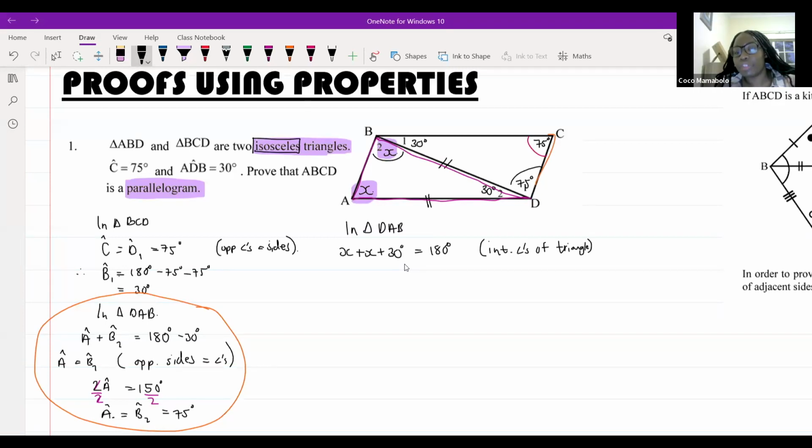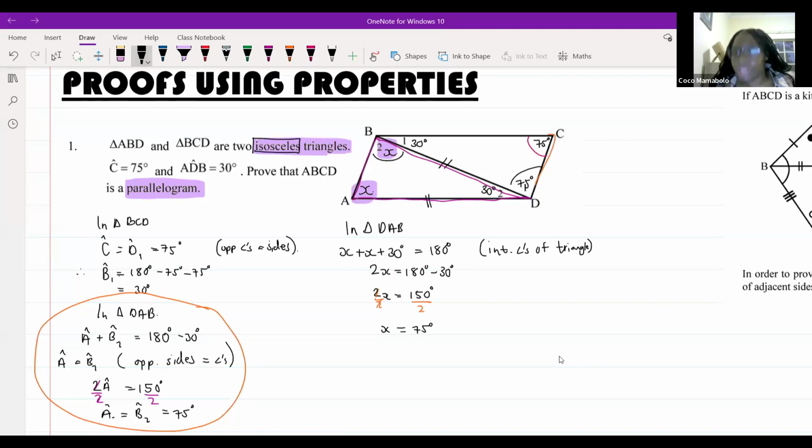Now, can you guys solve for X for me? If we solve for X, what do we get? We're going to get 2X is equal to 180 degrees minus 30. Therefore, 2X is equal to 150. There we go. Then we're going to get that X is equal to 75 degrees.